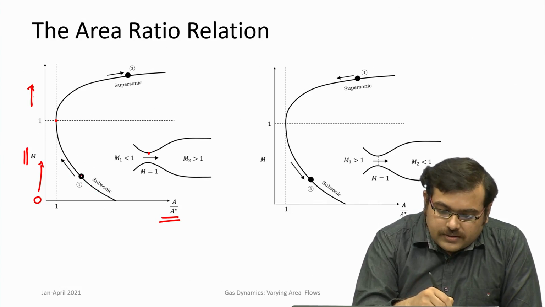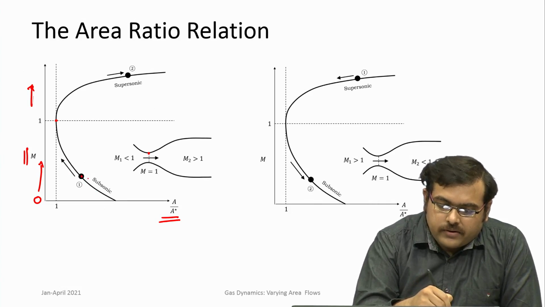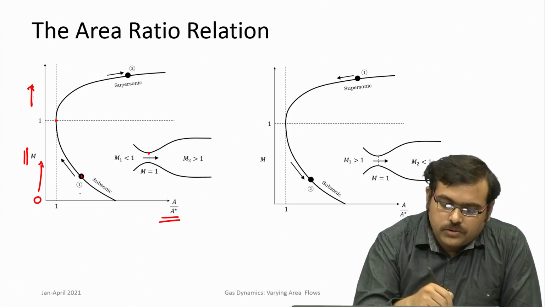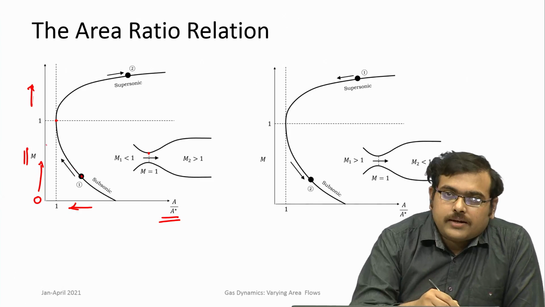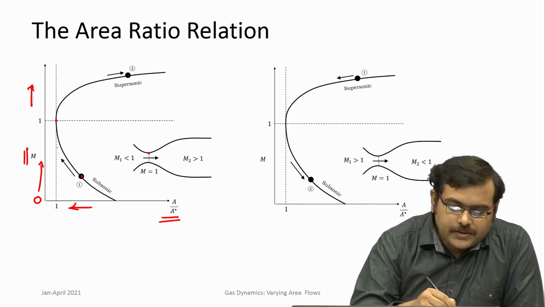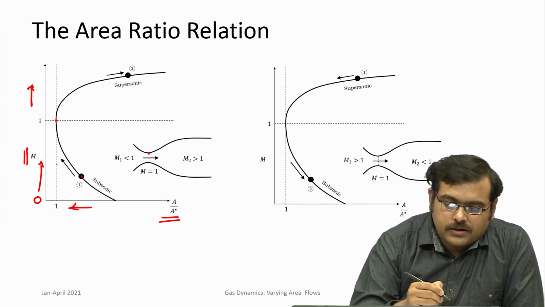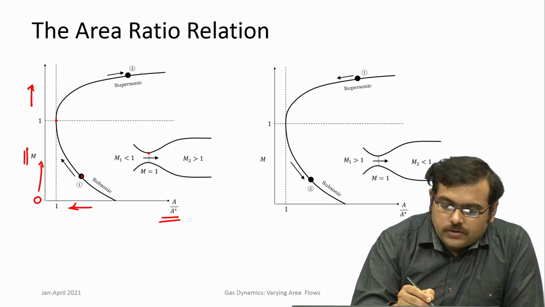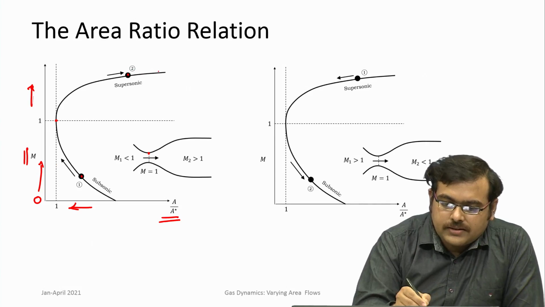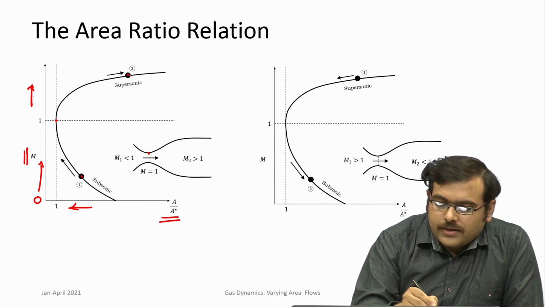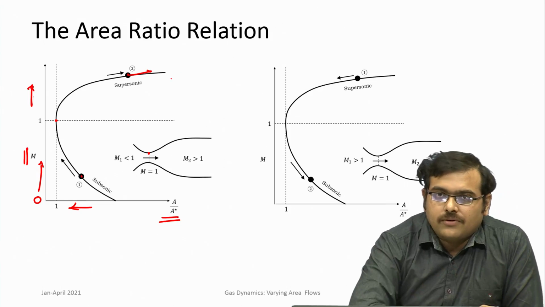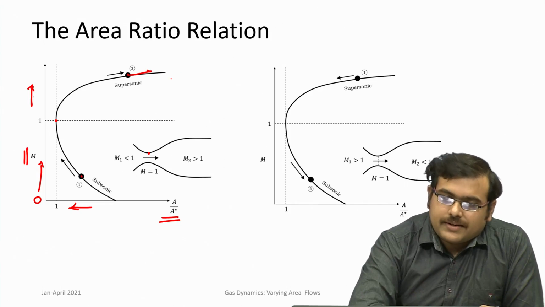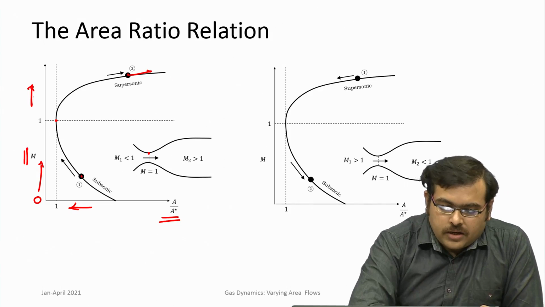If you are in the subsonic domain and the area ratio decreases, then Mach number increases. And in supersonic flow the Mach number will increase when you increase area ratio. So area ratio increases, supersonic flow Mach number increases.